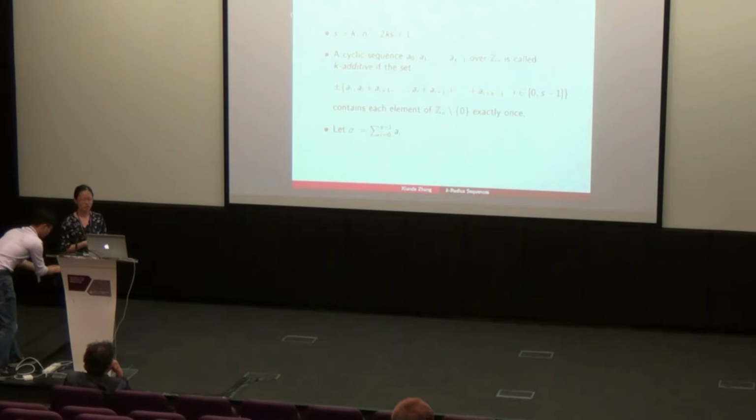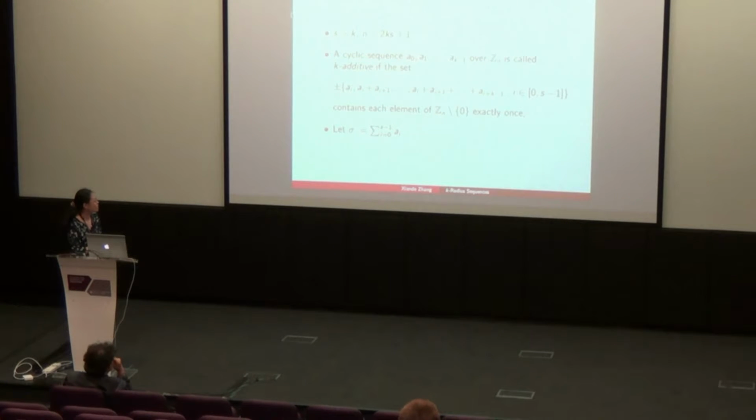Here n equals 2ks plus 1, so s is just (n minus 1) over 2k. So the k-additive sequence has length s, and it's also a cycle.